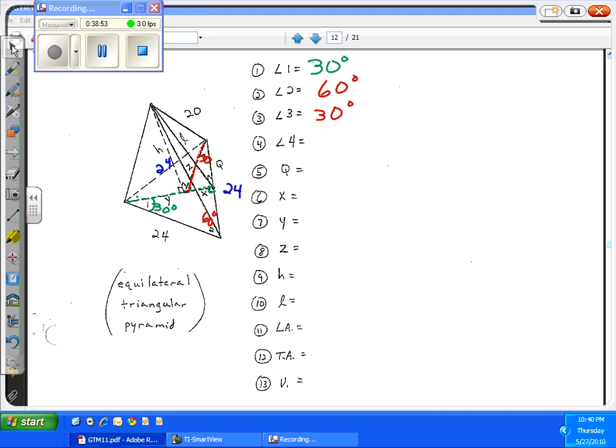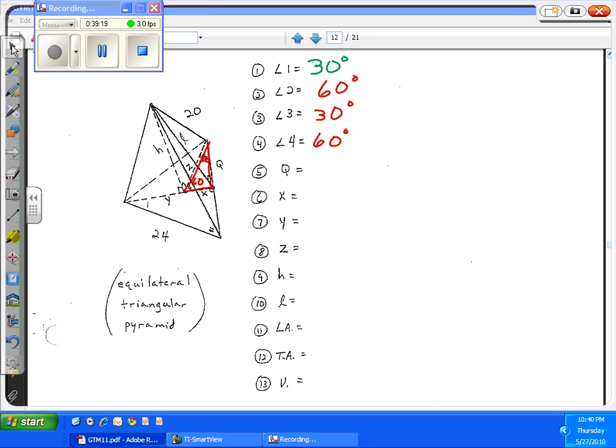Angle 4 is hiding in this corner. If angle 3 was 30, and this is 90, then angle 4 is 60. So we've got some 30-60-90 triangles going on in there.